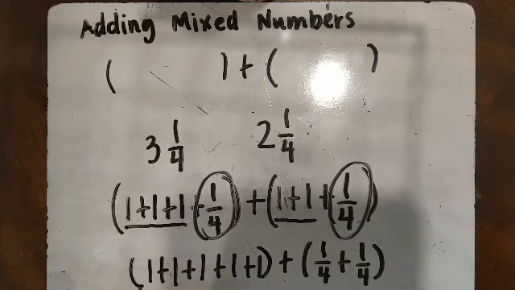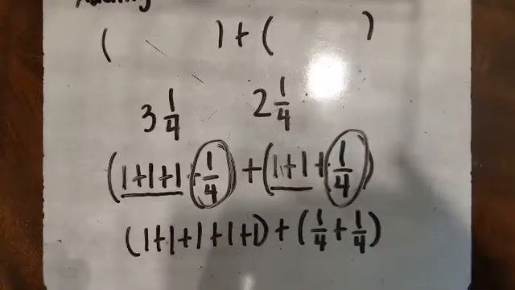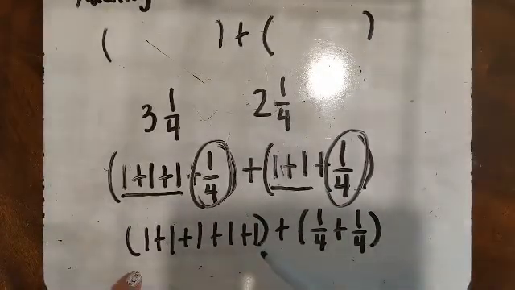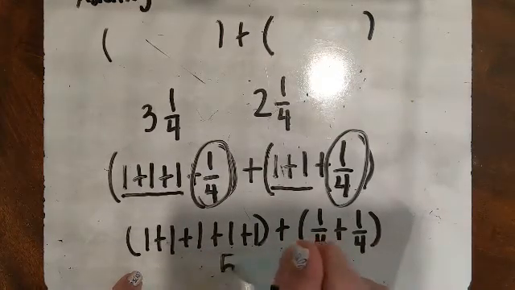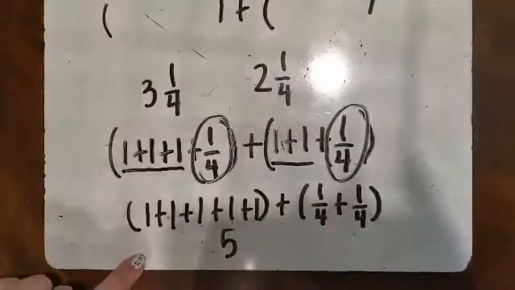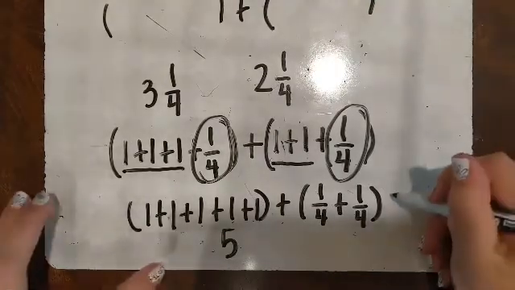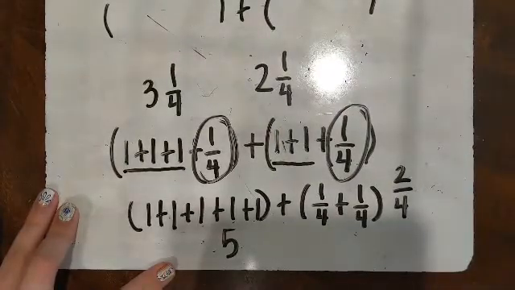So then, when I add all of those together, how many wholes do I have here? 1, 2, 3, 4, 5. Right? And how many parts? 1/4 plus 1/4 is 2/4. Okay, but we want simplest form.